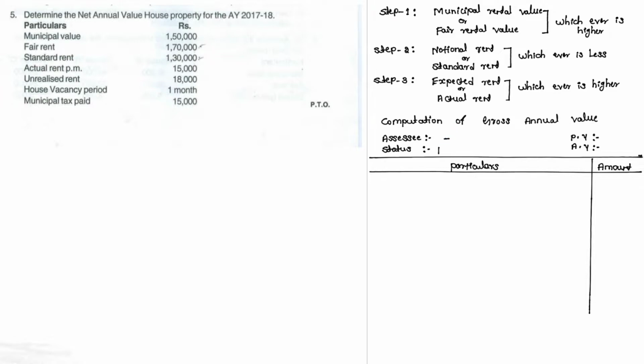Status resident. Previous year, according to this problem, 2016-17. Assessment year 2017-18. So according to format, first we have to identify gross annual value.